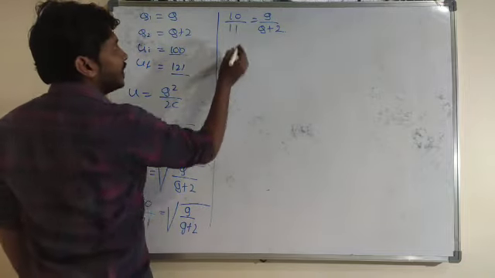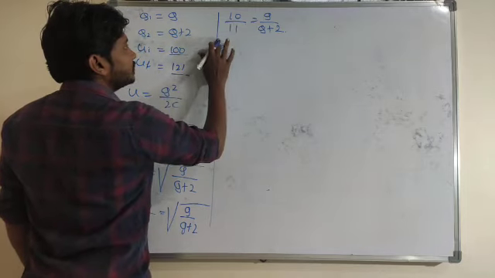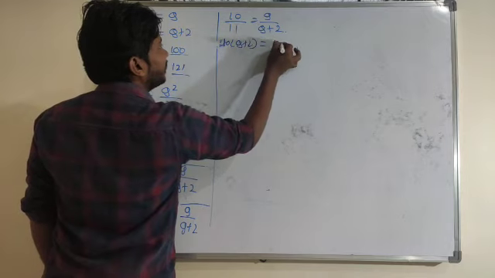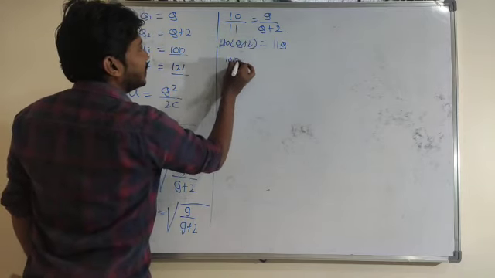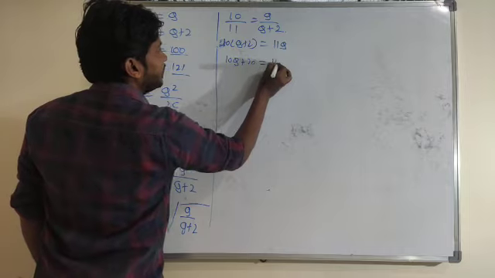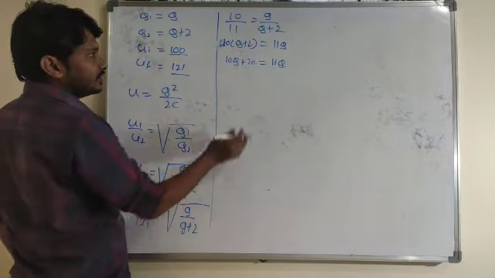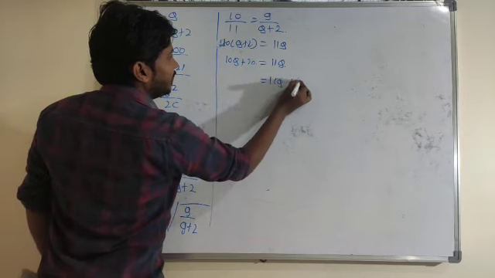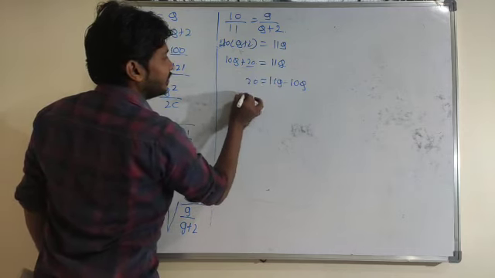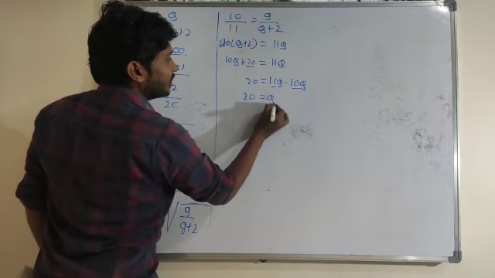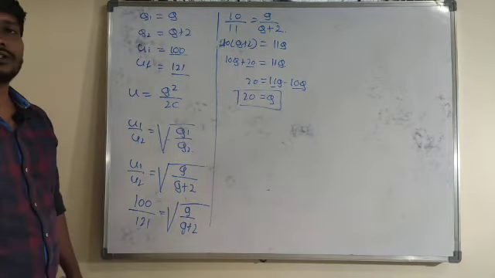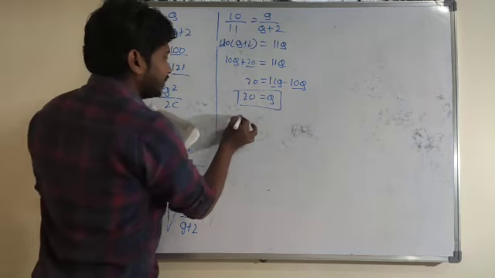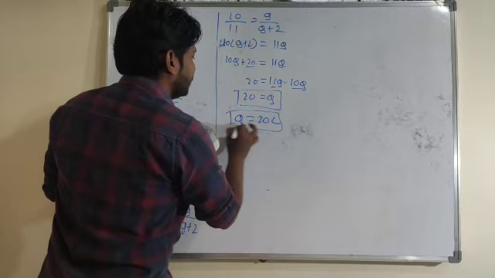Let me find the q value: 10 into q plus 2 is equal to 11q, so 10q plus 20 is equal to 11q. So 11q minus 10q is equal to 20, and 11q minus 10q is nothing but q. So the charge value is 20 coulomb. The answer is q equal to 20 coulomb.